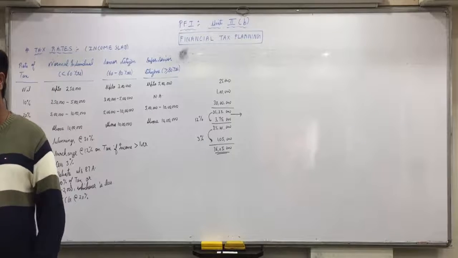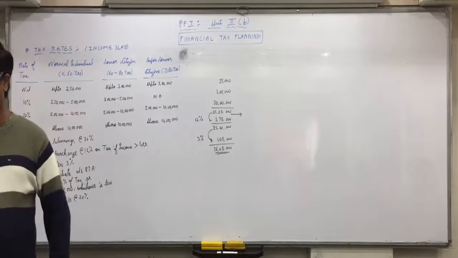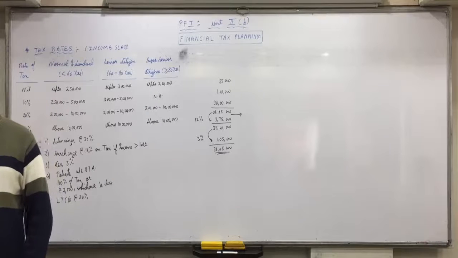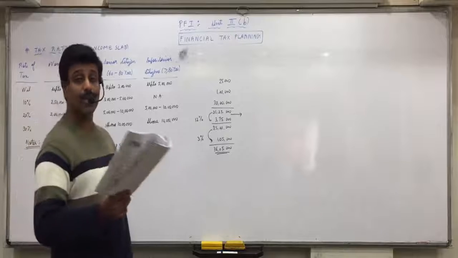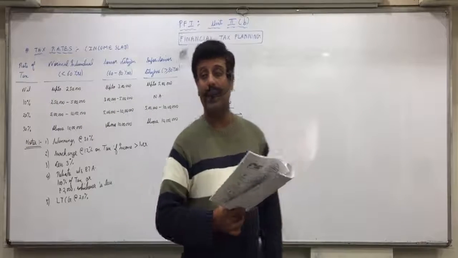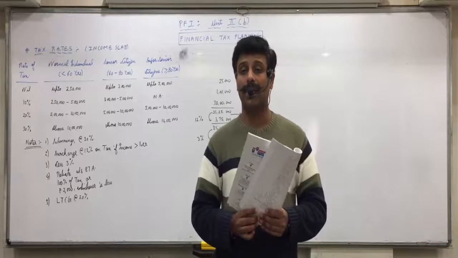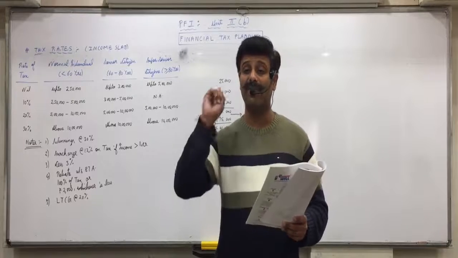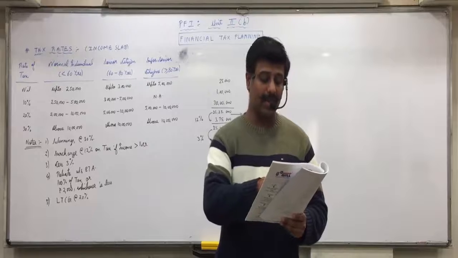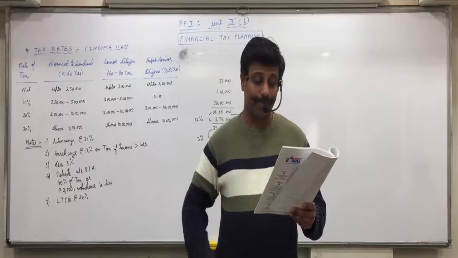However, no deduction is available in respect of employee's contribution which is in excess of 10% of salary of employee. There is one condition. Your deduction will be limited to the least of, first, 10% of salary of employee.